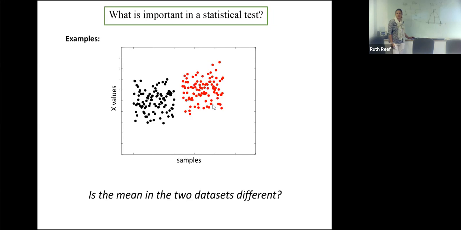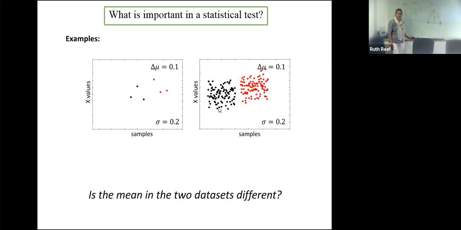Here we have a lot more confidence in what we're saying once we have big sample sizes. We have a clearer indication of what the mean truly is. So even though we have the same difference in mean and the same spread around the mean, we have a lot more confidence in what the mean truly is in a population that's been sampled more.